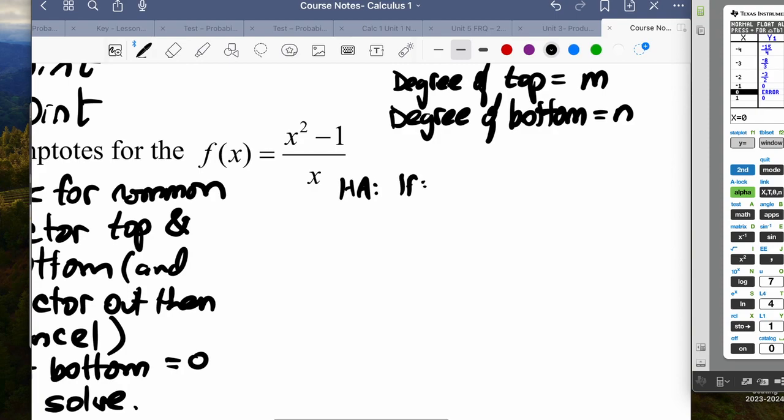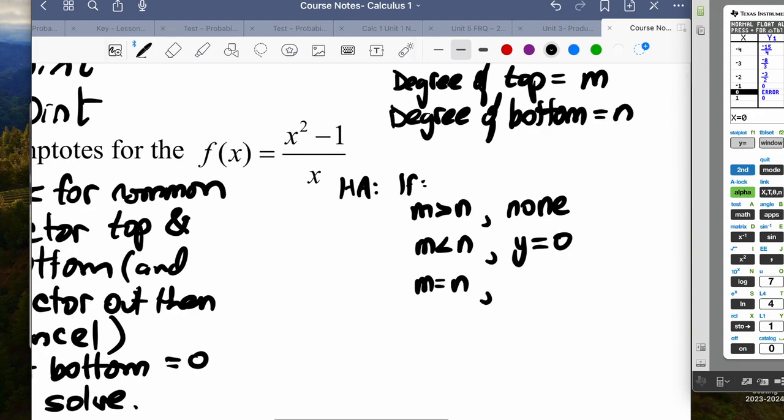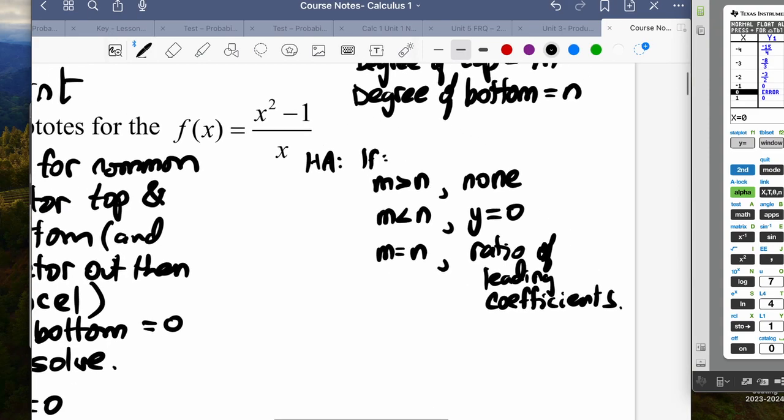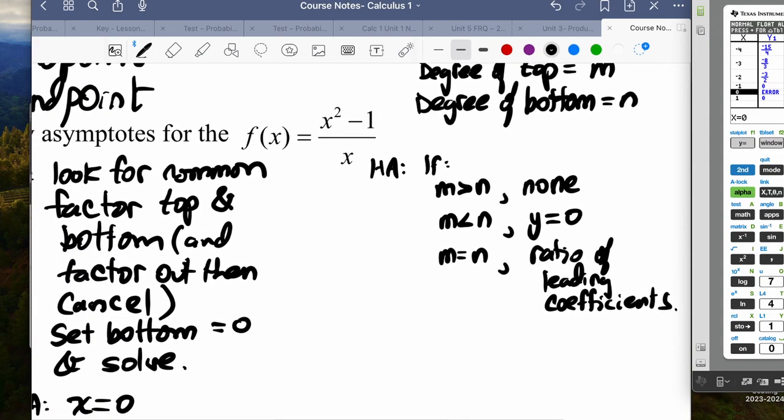So if m is greater than n, there's none. If m is less than n, then it's specifically the line y equals 0. If m is equal to n, it's the ratio of leading coefficients. All right. So if my m value, so the power on the top, the highest power, that's what the degree represents.